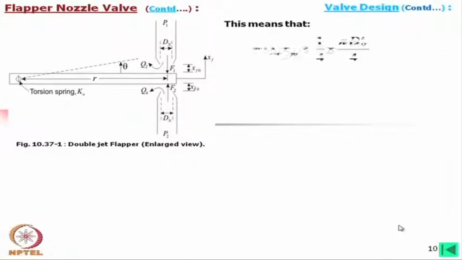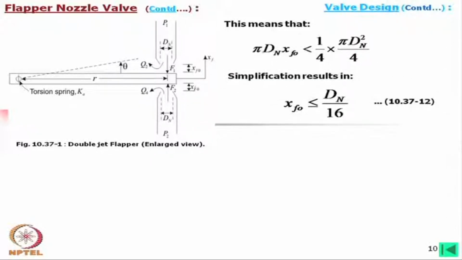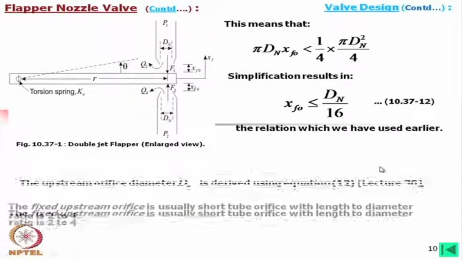Now, this means that pi d n x f 0 is less than 1/4 into pi d n square by 4, and this simplification results in x f 0 is less than or equal to d n by 16, which we have already used. Yes, this relation we have already used.